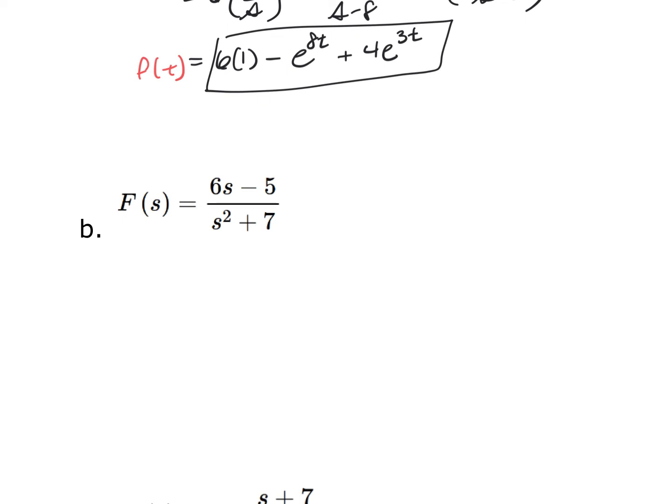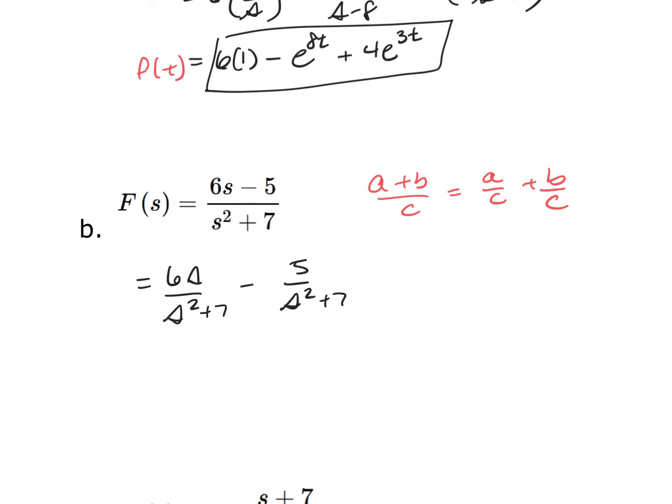If I take a look at my next example, partial fraction decomposition isn't going to help me because I'm going to get something that says a sub 1 is 6, a sub 2 is 5. Doesn't help me. However, if I have a plus b over c, I can write this as a over c plus b over c. So I'm going to rewrite this as 6s over s squared plus 7 minus 5 over s squared plus 7.